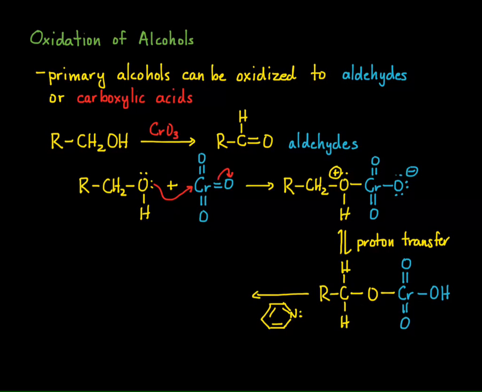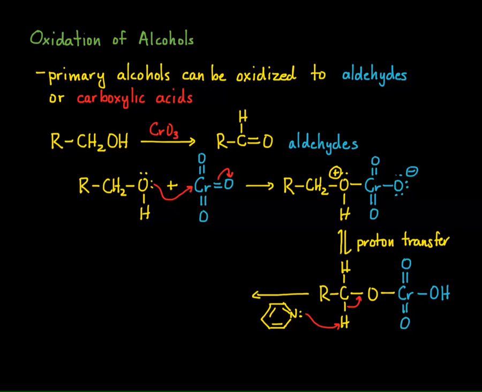And that pyridine can remove one of the hydrogens coming off of the carbon. When it removes that proton, the pair of electrons from the carbon-hydrogen bond go to form a carbon-oxygen double bond.